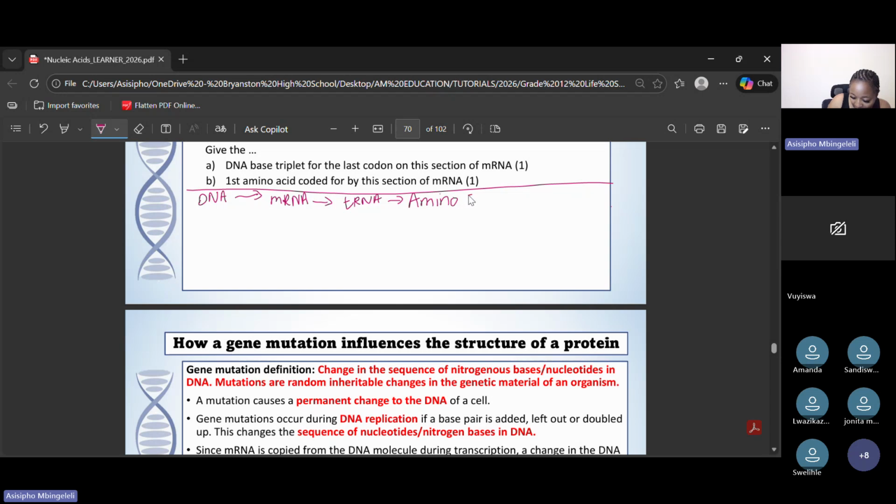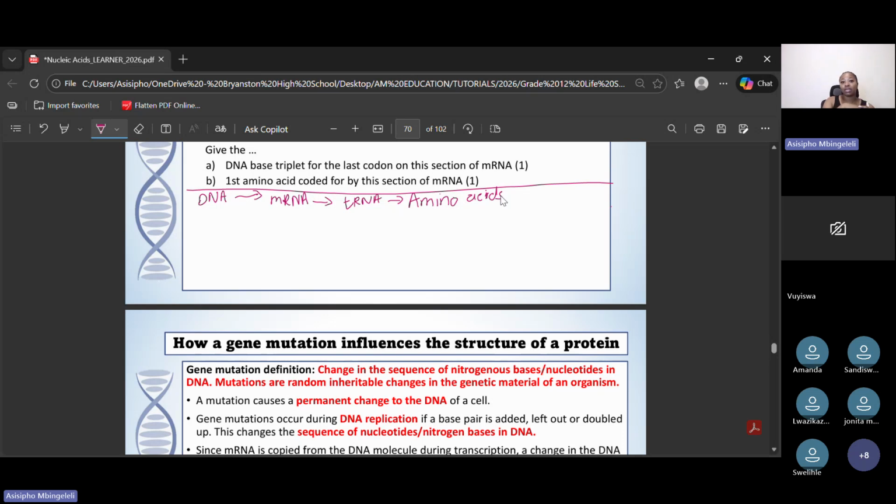The amino acids are taken from the cytoplasm. So we don't make the amino acids, they are already available in the cytoplasm. The transfer RNA will pick up the specific amino acid, bring it to the ribosome, pick up the next specific amino acid, bring it to the ribosome. That's all it does.